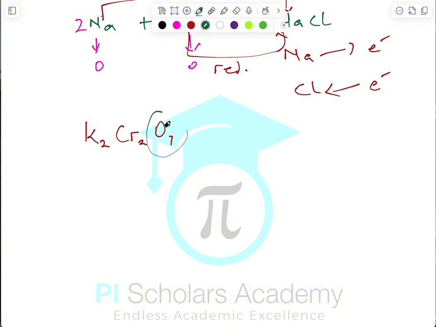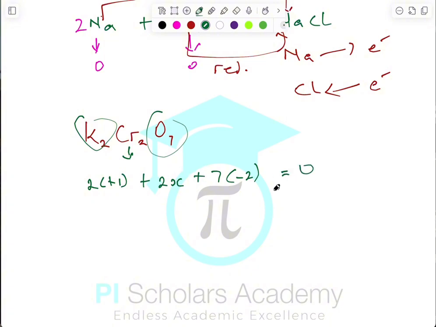Obviously, you know that oxygen is the common one, potassium also the common one. So I need to determine it for chromium. So let's go. K is K plus, so that will be 2 times plus 1, plus 2 times the unknown one, let's make it 2x, because we have 2 atoms of it here, then plus 7 times negative 2, that is for oxygen.